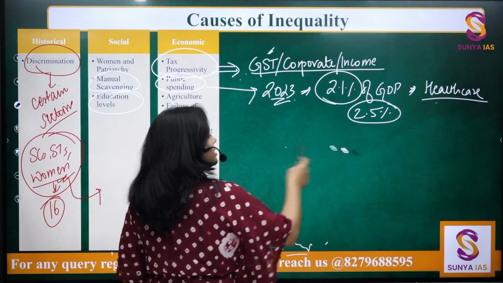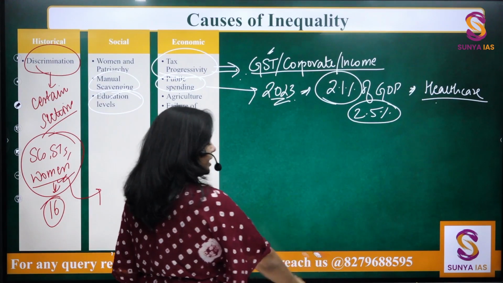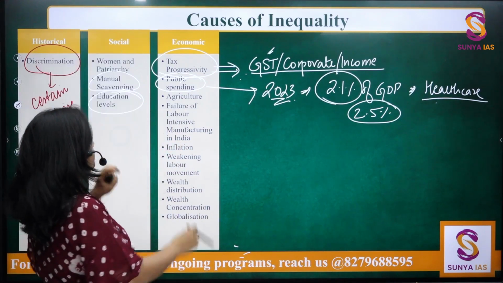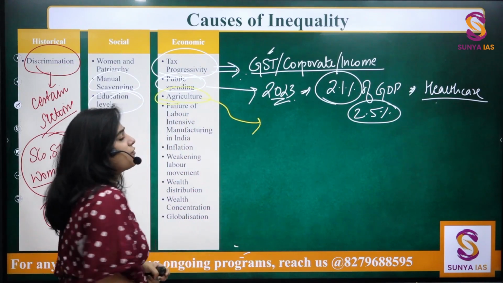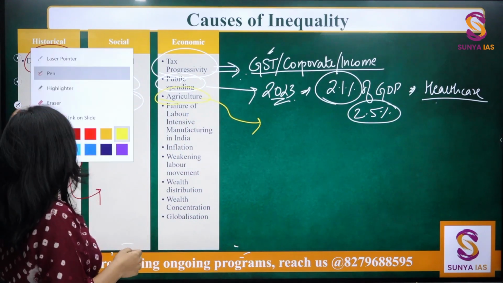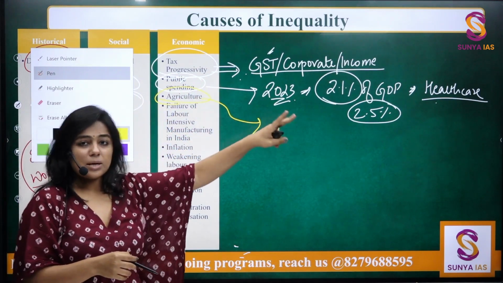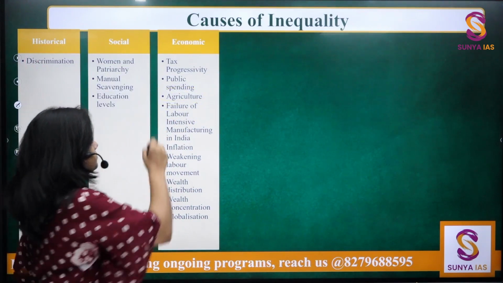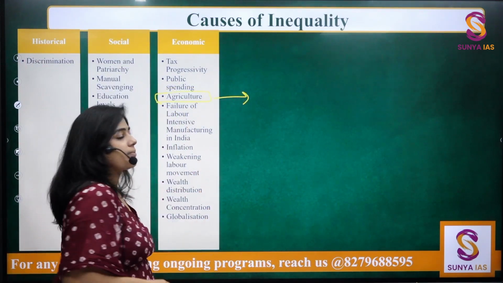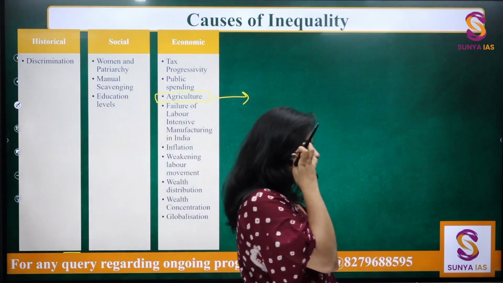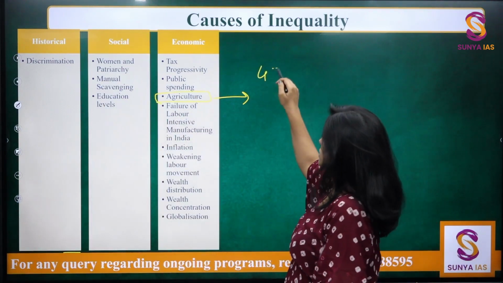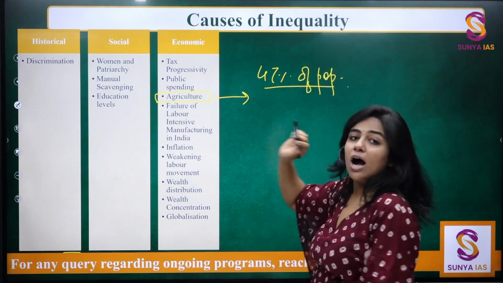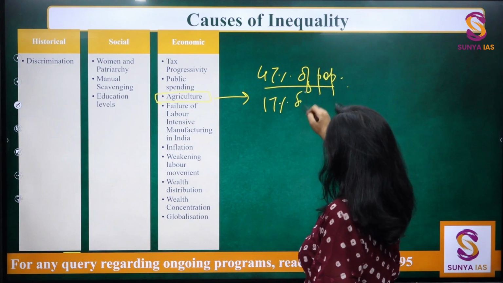The primary reason of income inequality is the failure of agriculture. It is the failure of agriculture to actually generate substantive revenue. Please note down this because I'm going to rub this off. So agriculture, you all know that agriculture has employed right now about 47% of population, generating hardly 17% of GDP.